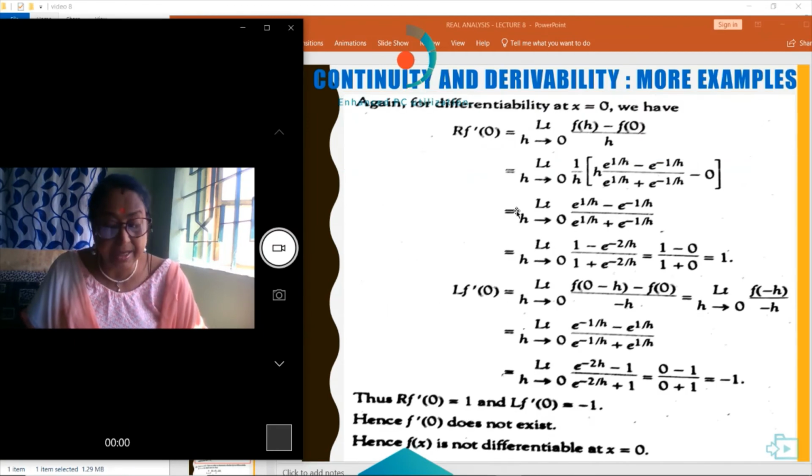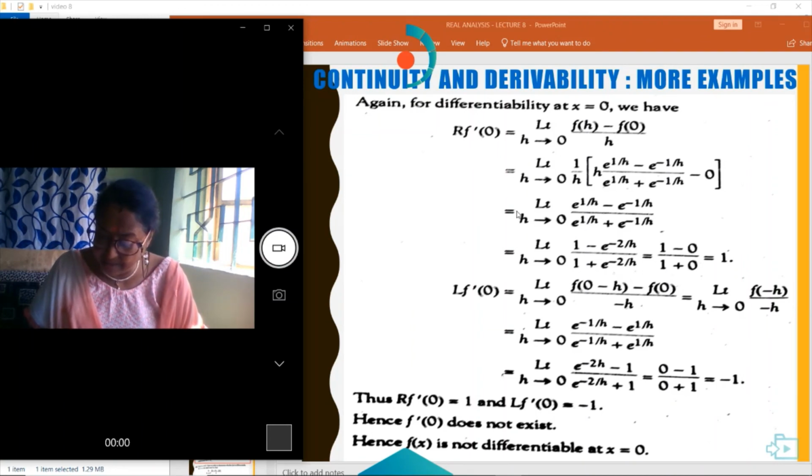Now we have to check the differentiability at x equal to 0. For right hand differentiability, we write the function and then after calculating and letting h tend to 0, we get the right hand limit equal to 1. Similarly, for the left hand limit, we put the function and then letting h tend to 0, we get -1.